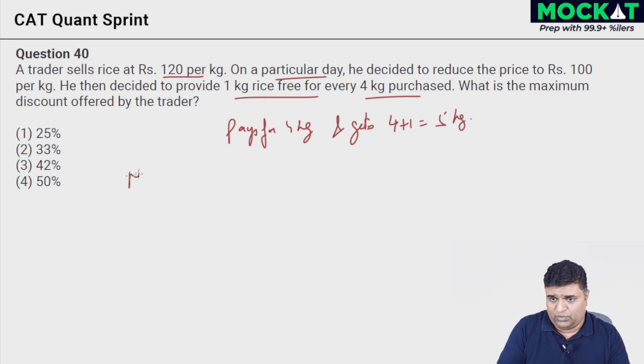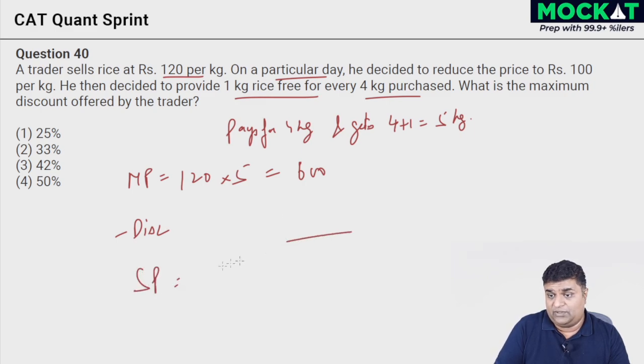On a normal day, what's the mark price of this? 120 per kg for 5 kgs. The person is walking away with 5 kg of rice. 120 into 5, 600, right? What is the maximum discount offered? I don't know, I'll come to that. But what is the person paying on that particular day? Is paying only 100 per kg and has to pay only for 4 kgs because 1 kg came free. So I ended up paying only 400 rupees.